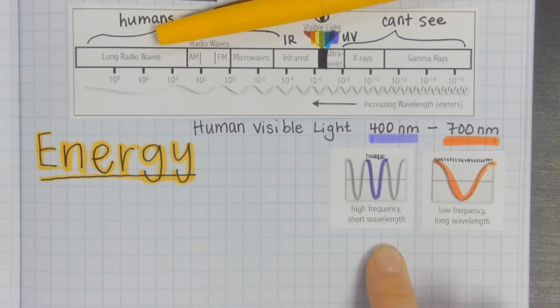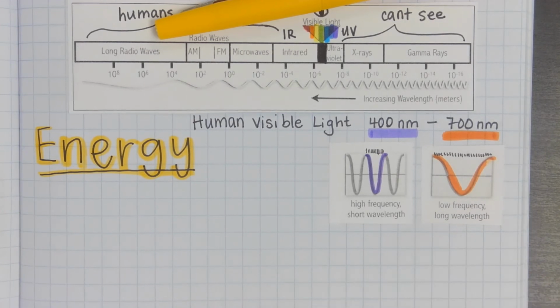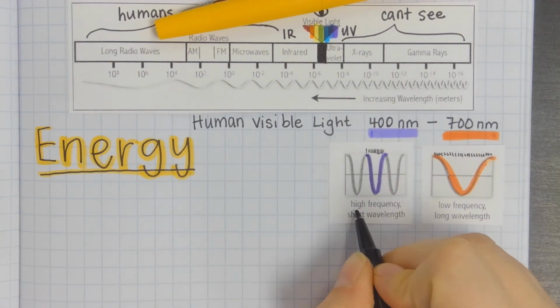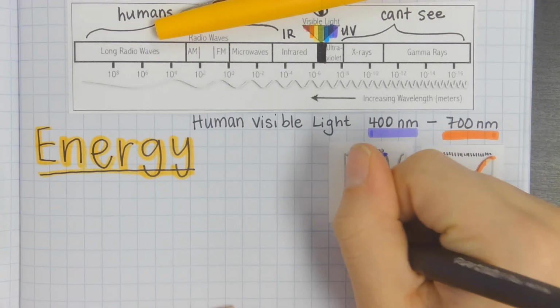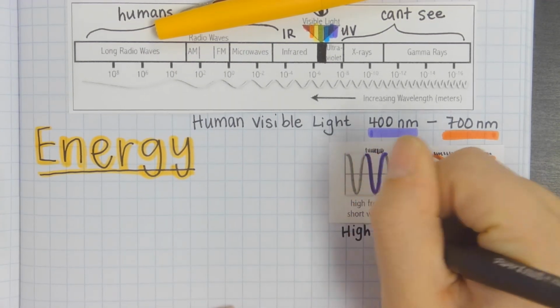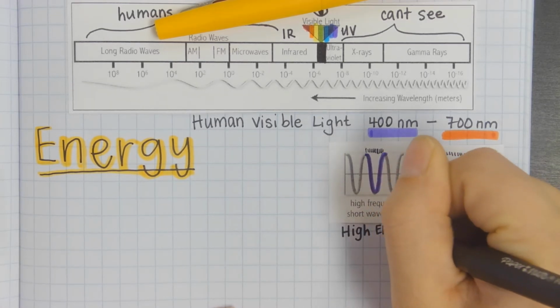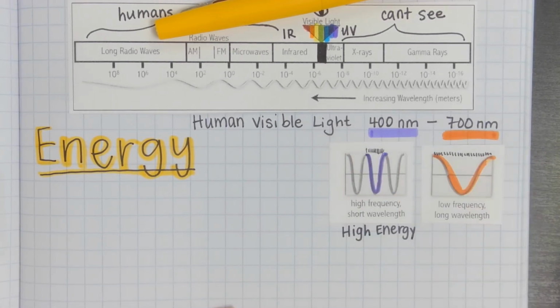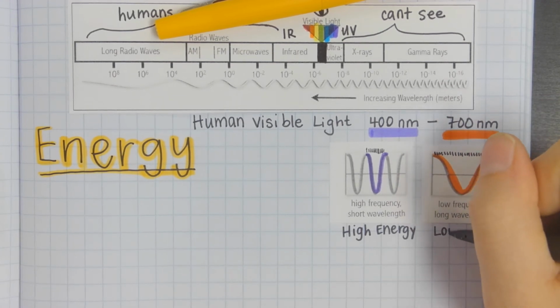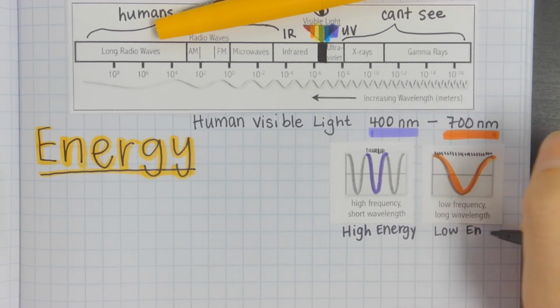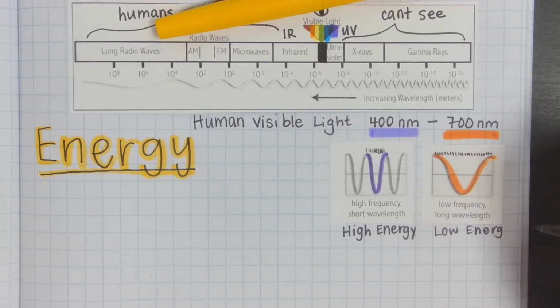Purple is a higher energy color than red. So over here, high frequency, short wavelength, and we're going to put high energy on this side. Low frequency is going to correspond to a low energy wave.